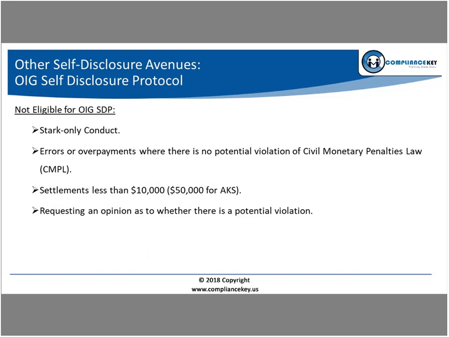The reason they have that is because the OIG has the separate OIG advisory opinion process, which is the proper avenue to go down if you are requesting an opinion as to whether or not there might be a potential violation.